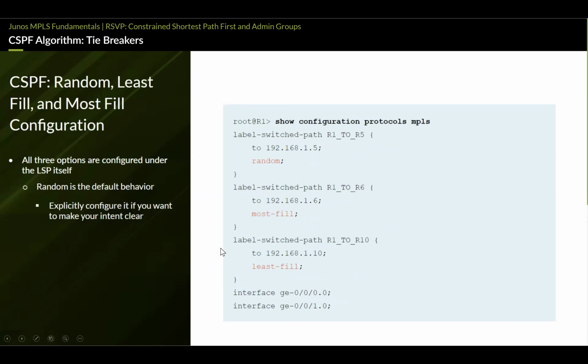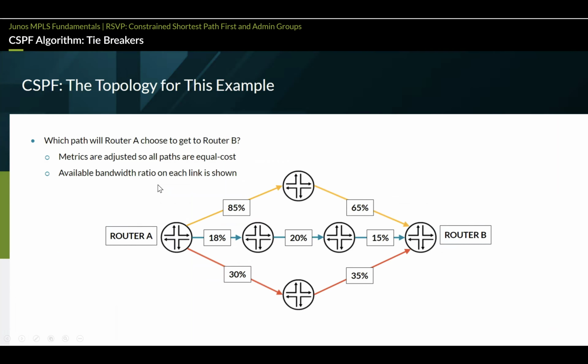Then the topology for this example. See here, which path will router A choose to get to router B? This is router A, and this is router B. And this is the available bandwidth ratio. There are three different paths.